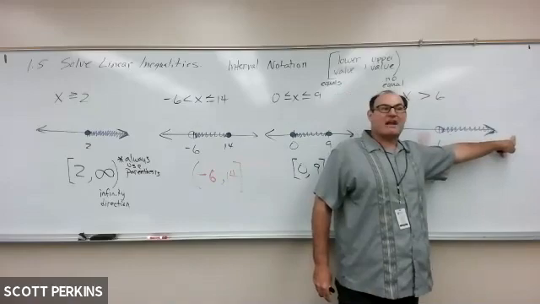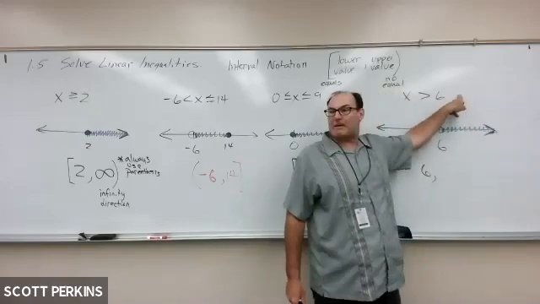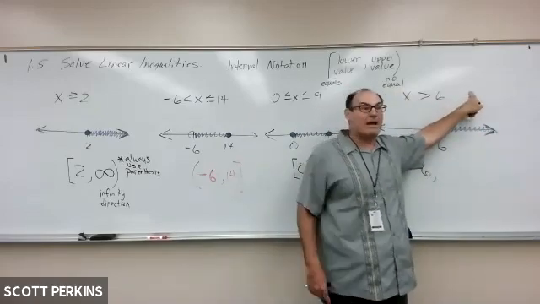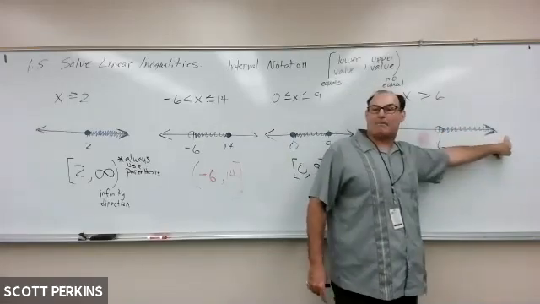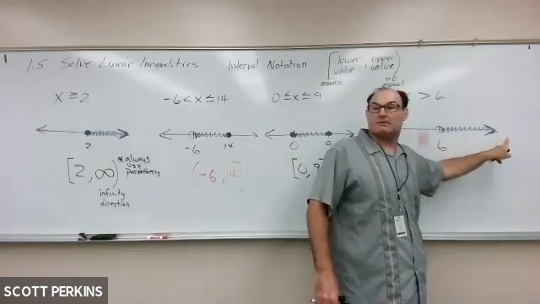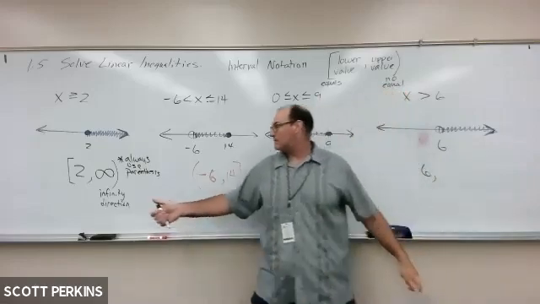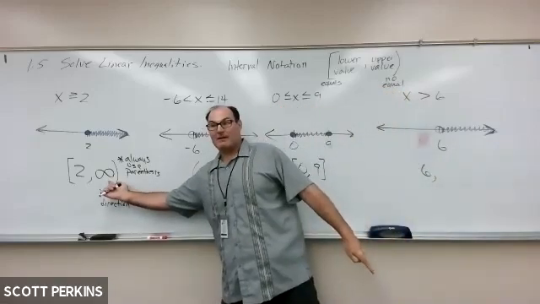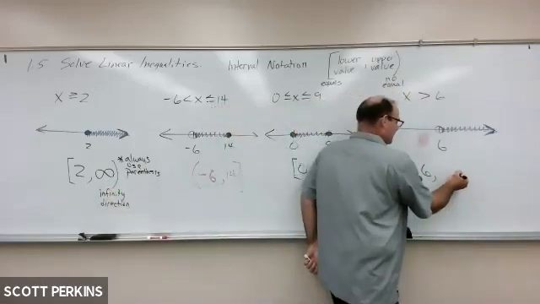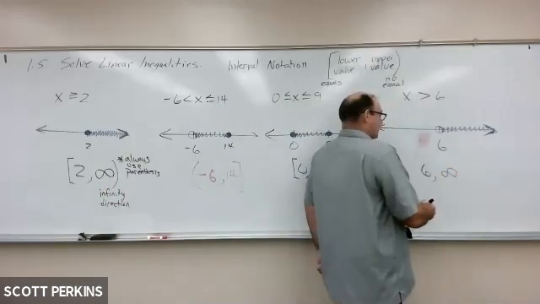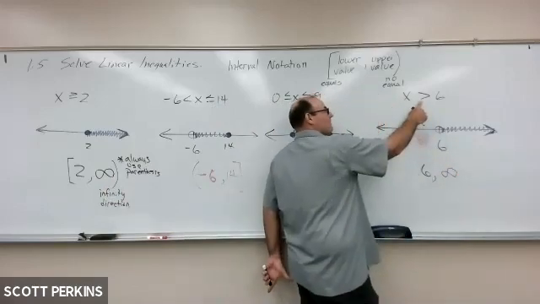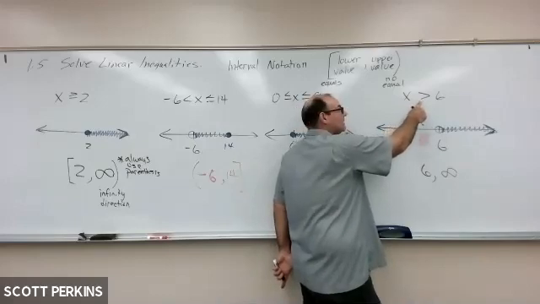Does my interval ever stop? Am I given a point up here that I get to and I stop and I'm done? So what am I going to put on the upper end of this interval? Infinity. You never get there. There's no equality. So what am I putting at the 6 part of this interval?